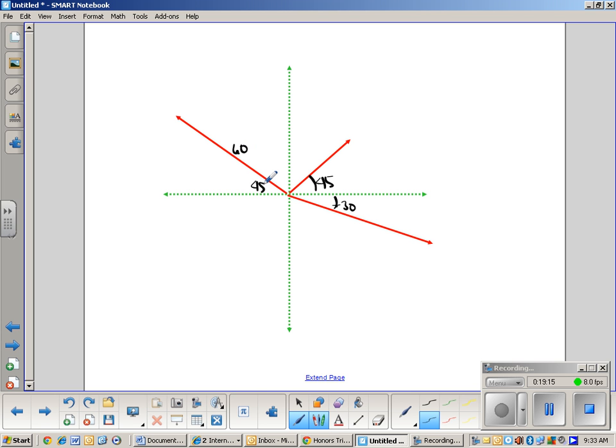So it looks like this, and they want to know the resultant from that.